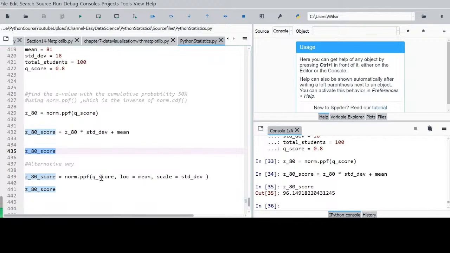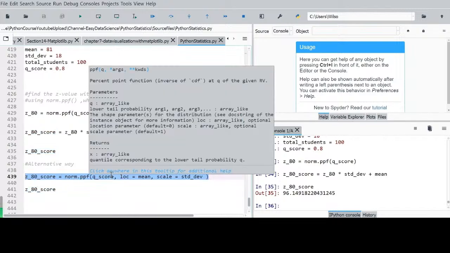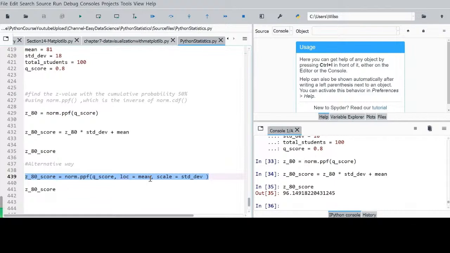Great, right? An alternative way is that we can just use norm.ppf with this Q score of 0.8 here, and we set the options loc, where we input the mean, and scale, where we input the standard deviation.